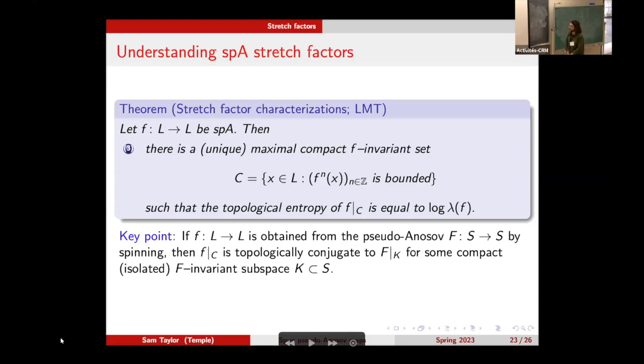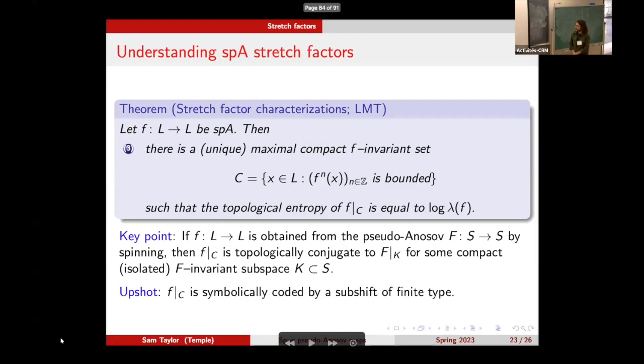Okay, so this core dynamical system occurs as a subsystem of an actual pseudo-Anosov homeomorphism. And then a little bit more work shows that implies that F restricted to this core dynamical system is coded by a subshift of finite type. And then it's just standard dynamics to say that the topological entropy is recorded by the exponential growth rate of periodic points.